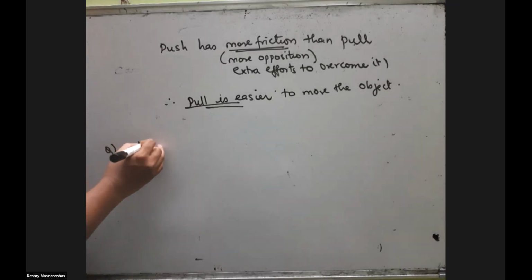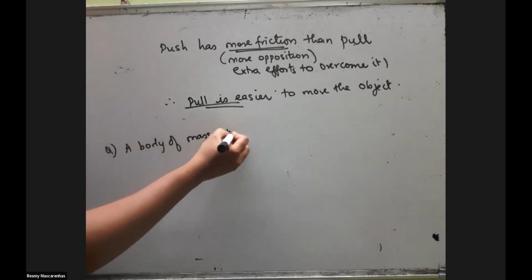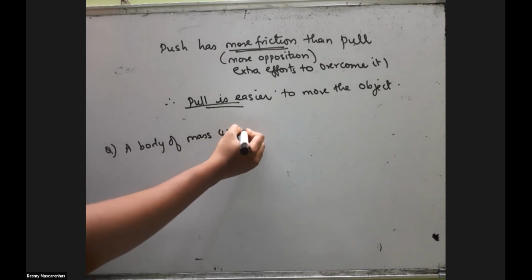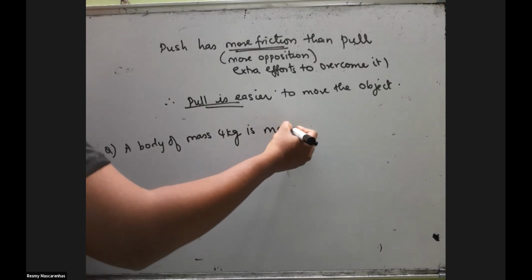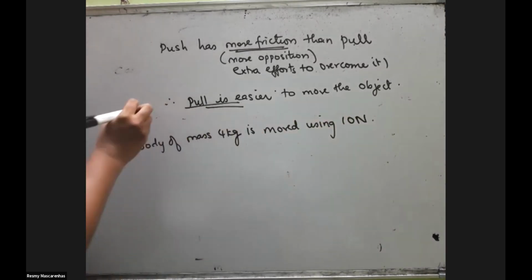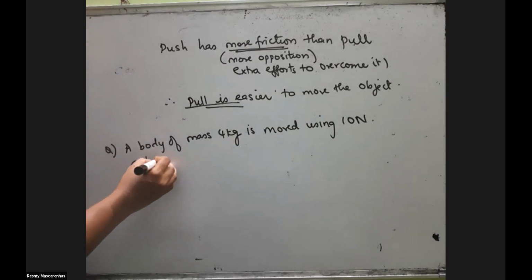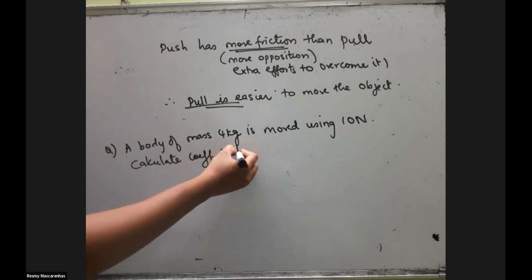Next question. A body of mass 4 kg is moved using 10 Newton. Calculate the coefficient of kinetic friction.